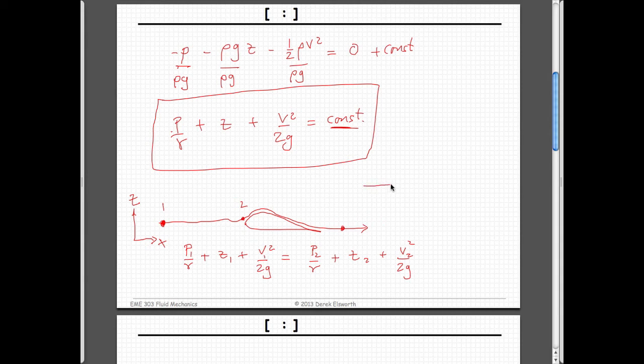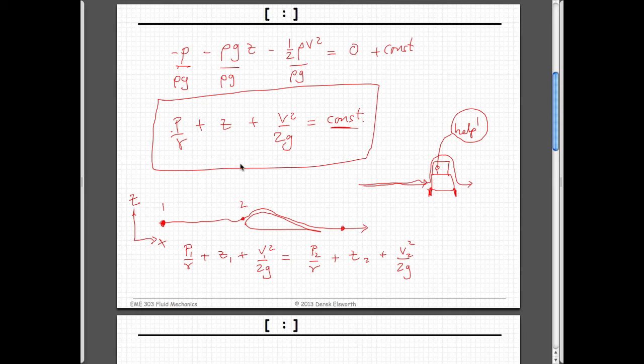So it could be on the wing, which you'd be interested in, but it could also be our jet engine. So this is a streamline going around here.